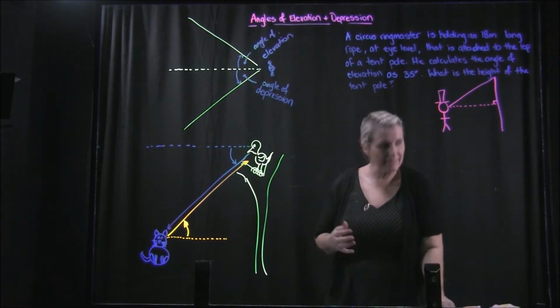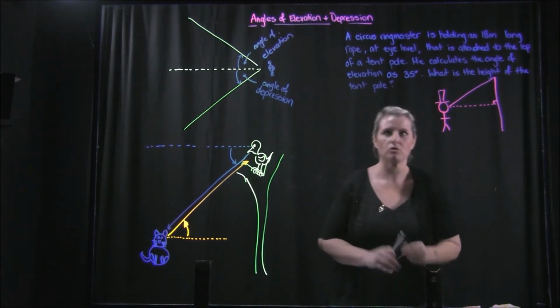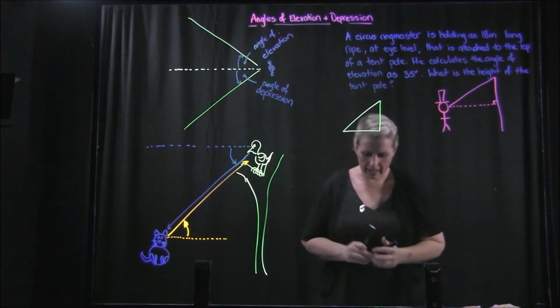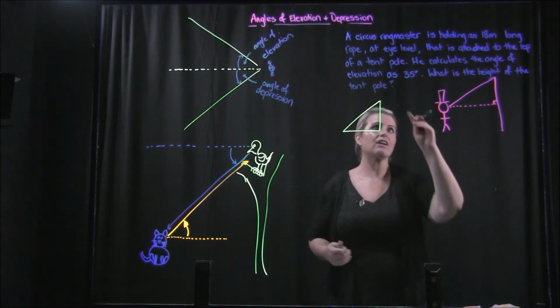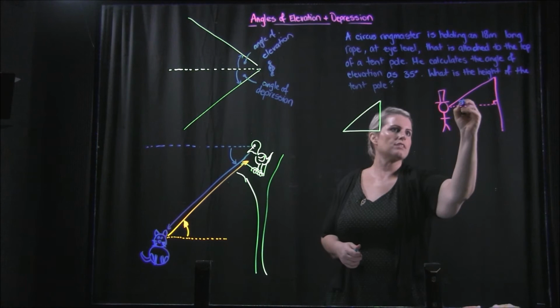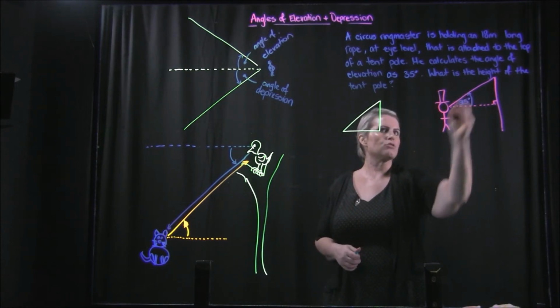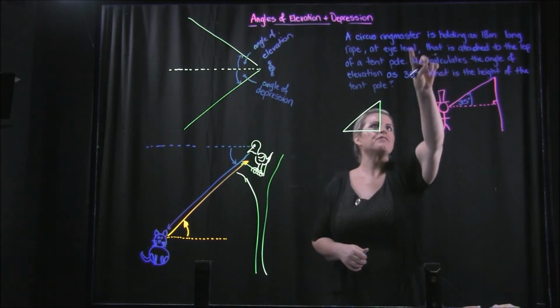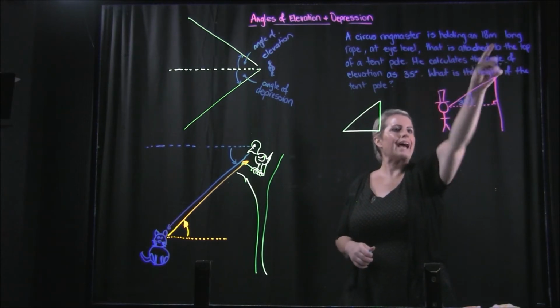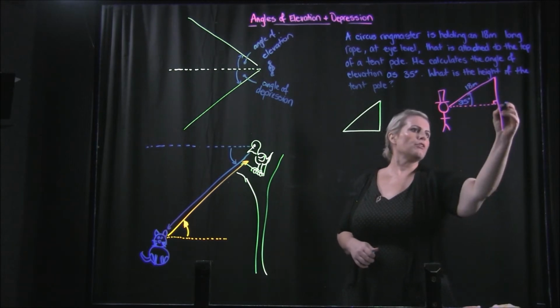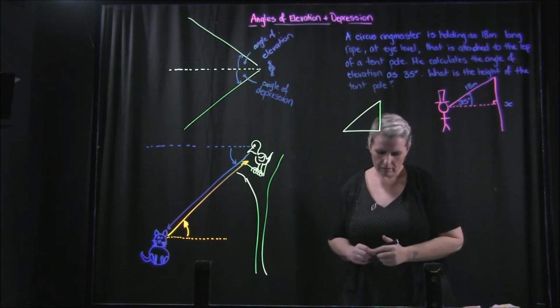So I end up with a lovely right angle triangle that I'm just going to draw over the side here. Now, it says the angle of elevation is 35 degrees. So this is 35 degrees, elevation from the horizontal up. And the rope is 18 meters long. So this is 18 meters. I want to know the height of the tent pole.